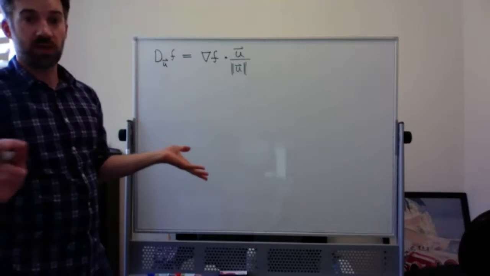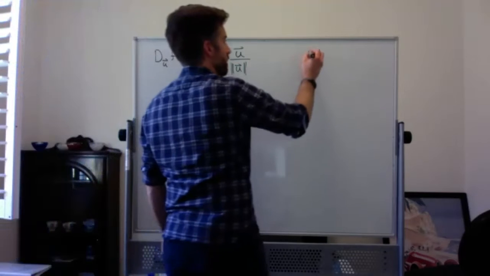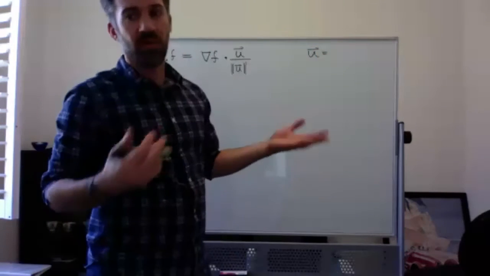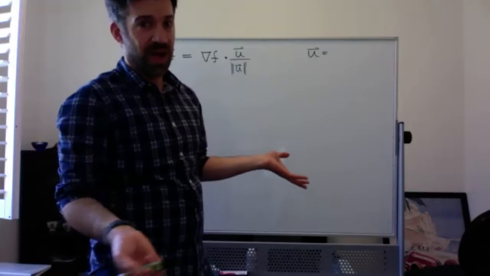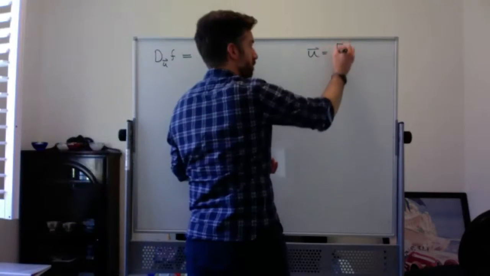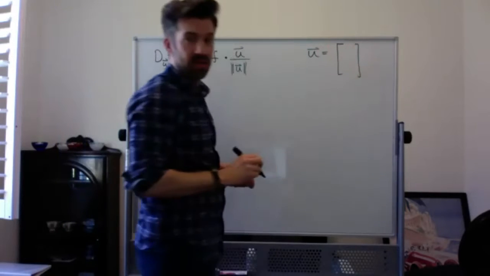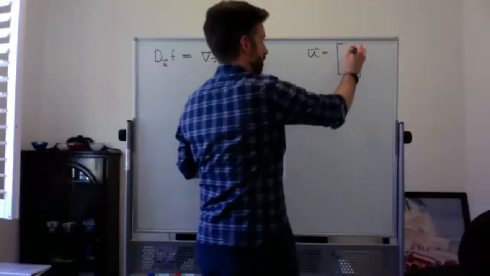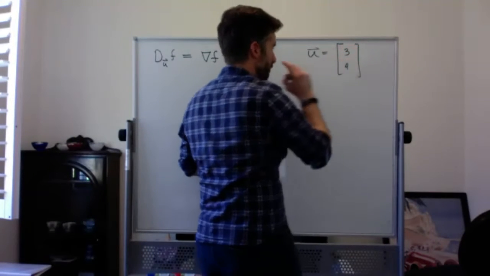The vector I'm going to use in this example is u. There are 3 or 4 different notations for vectors. I prefer the vertical bracket notation, which is how I like to write a vector with 2 components. I'm going to make u the vector 3, 4.